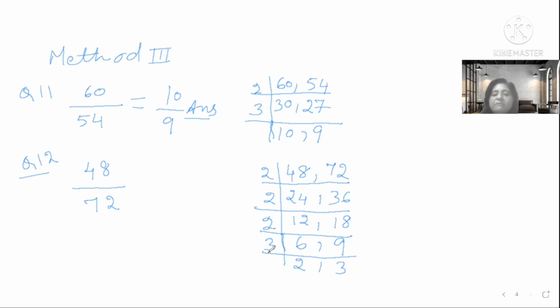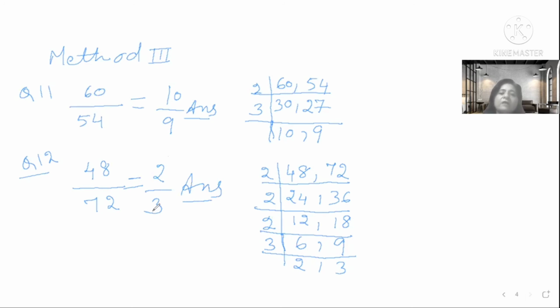So what do we get? 2 3s are 6 and 3 3s are 9. So now between 2 and 3, no factor is common, so they cannot be divided further. So the final quotients are 2 and 3. So what is the simplest form? 2 upon 3.